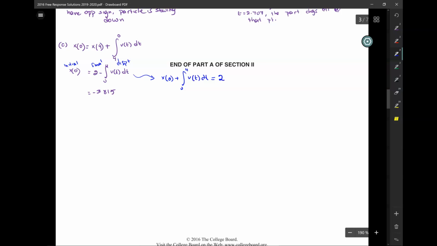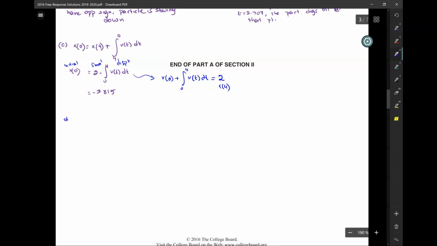We're just working backwards. This is x of 0, this is x of 4, and this is the displacement between 0 and 4. So when we do it that way, it's like rewinding the video. That's so cool the way that works.